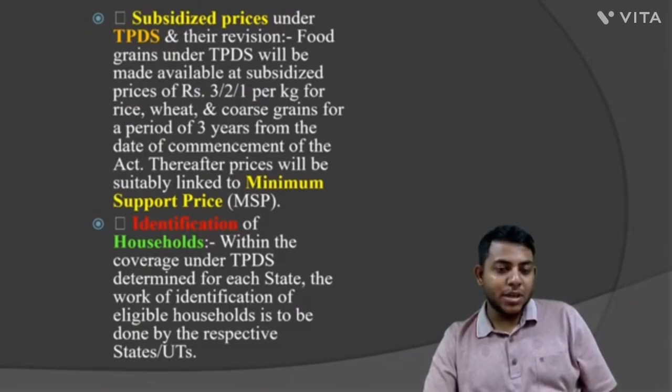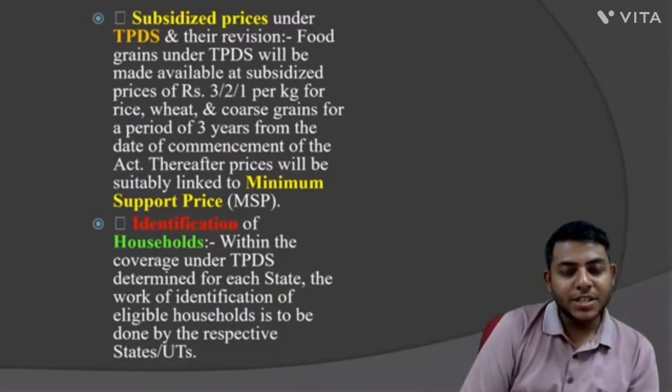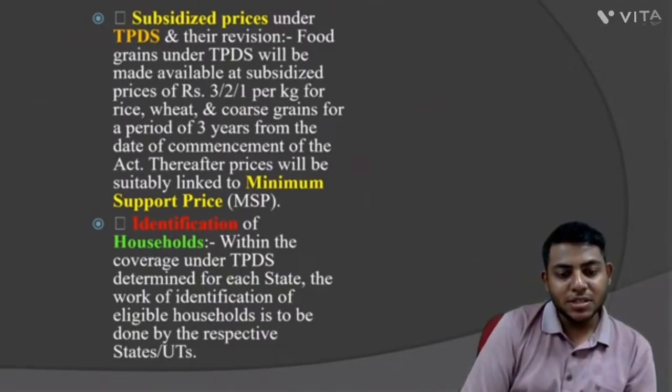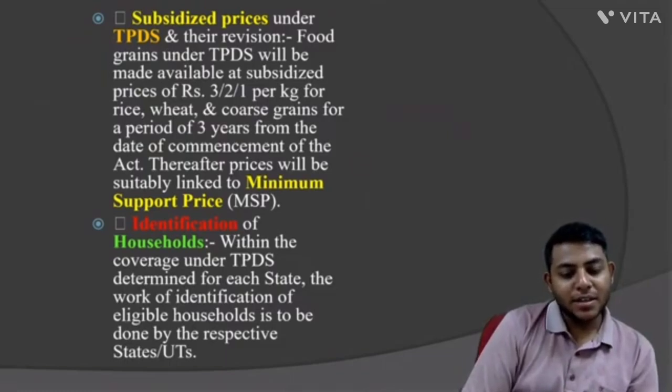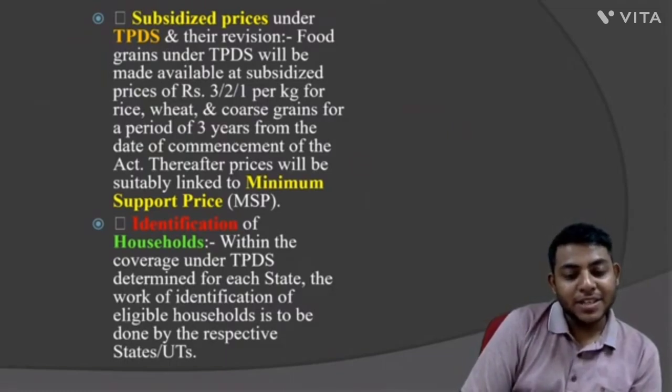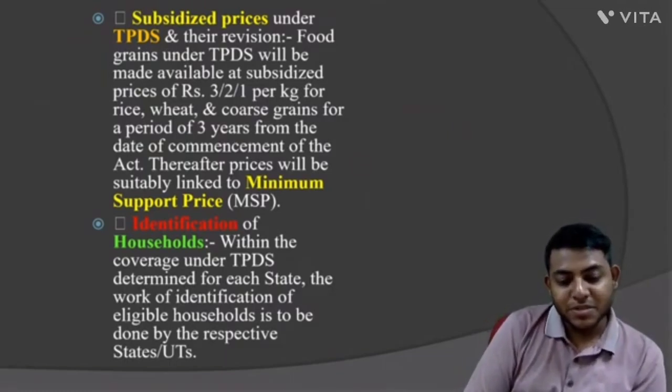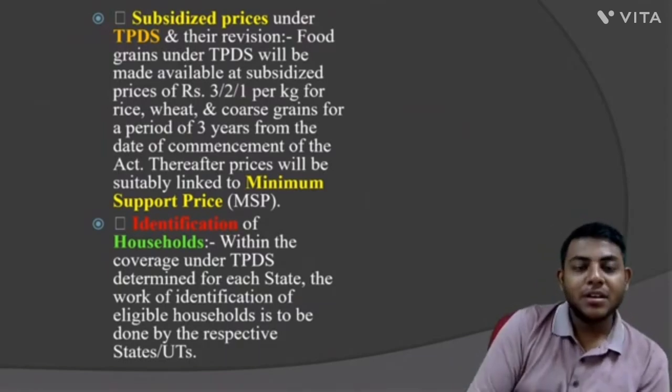Thereafter, prices will be suitably linked to the minimum support price. Now, another salient feature is regarding identification of households. So, within the coverage under the targeted public distribution system determined for each state, the work of identification of eligible households is to be done by the respective states and union territories.